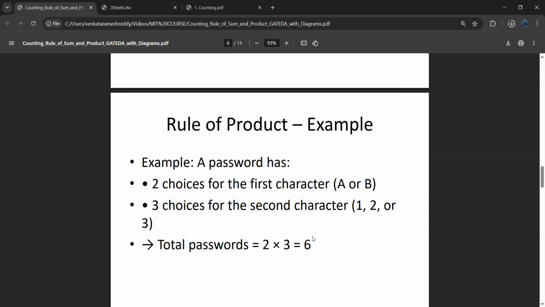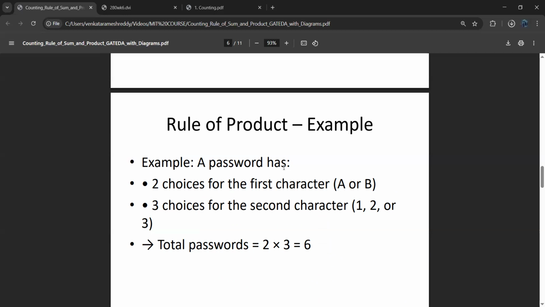So take one example here. A passport has two choices for the first character: A or B. It means if you want to set up a passport, there are two choices: you can start with A or you can start with B. For the second character, you have three choices: you can include 1, or 2, or 3. Both events are independent of each other, because the first event is choosing the character and the second is choosing the number. So to get the total passwords, you need to multiply 2 into 3 equals 6.